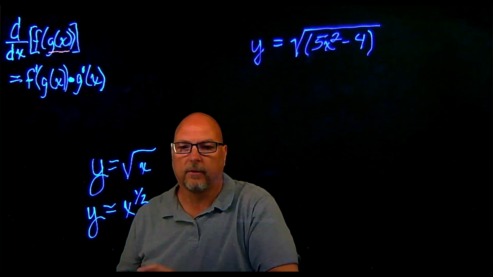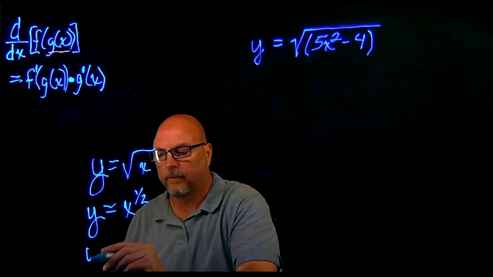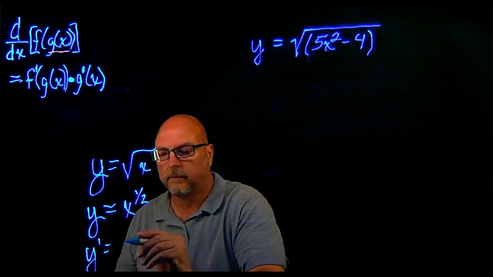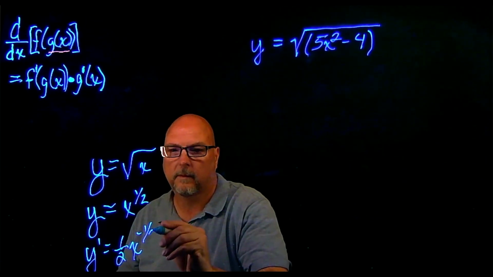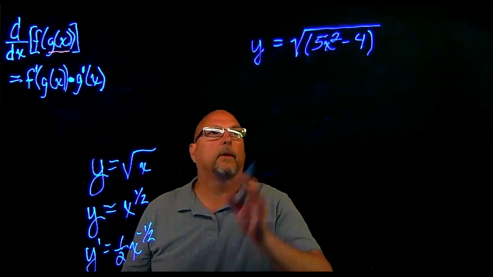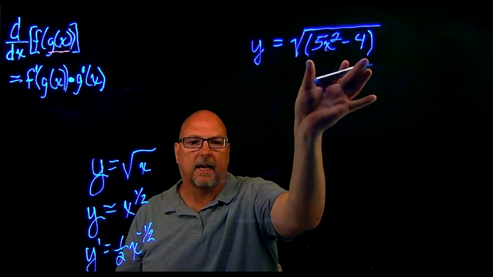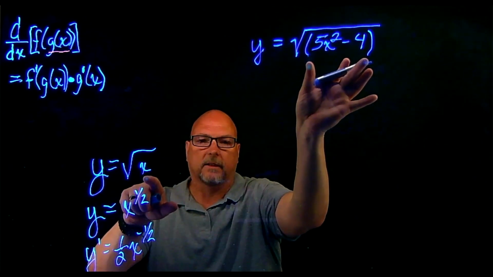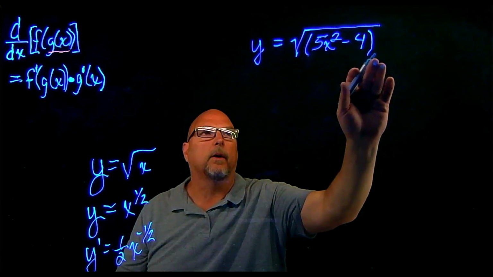Then I can take the derivative using the power rule. Right? A similar thing is going to happen here, but the radicand is not just the x. The radicand is an entire expression, 5x squared minus 4.